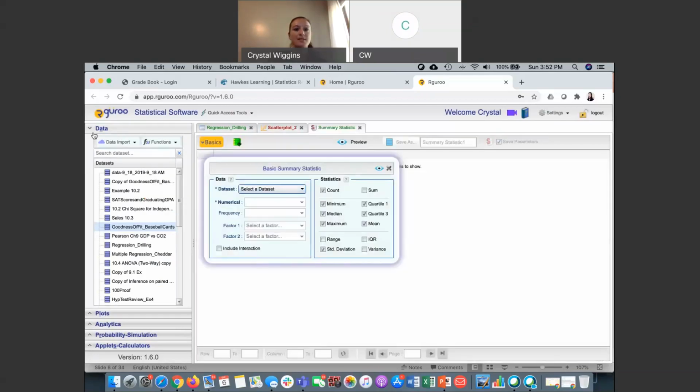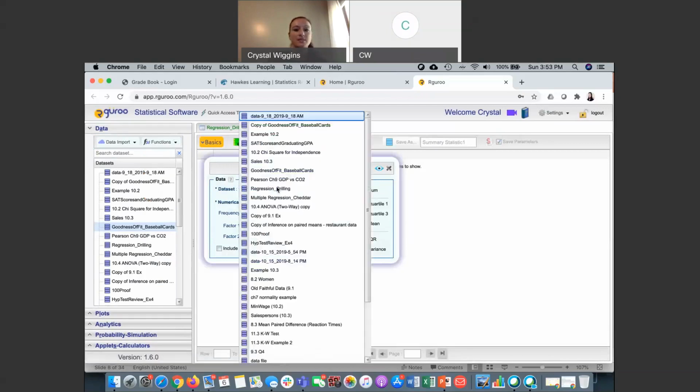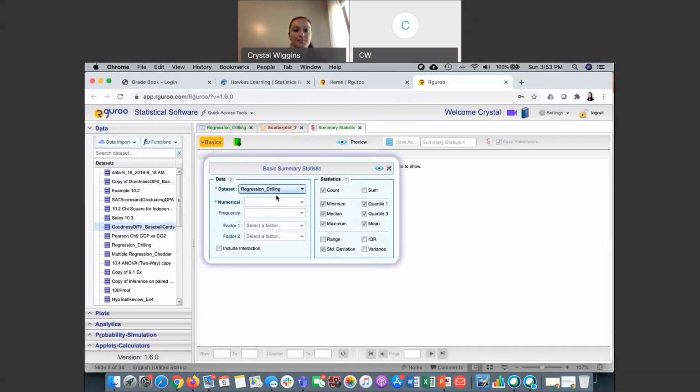So I went back up to data and over to functions, and to get a basic summary where you get the quartiles, the mean, the median, you can do a range and an IQR if you want. I just want to see standard deviation. So I'll select my drilling data, and I will select depth for the X variable and time for the Y variable.